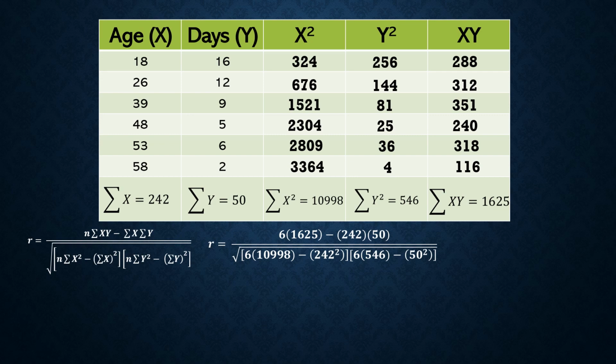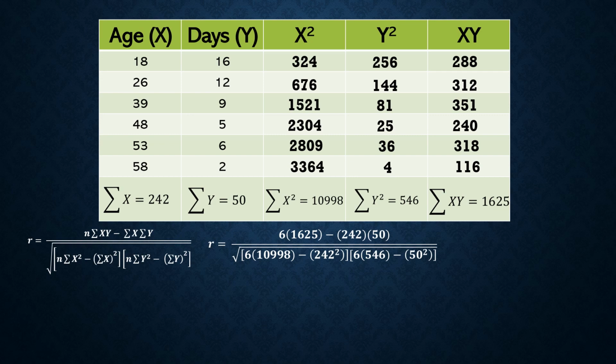Your summation of y squared is 546, minus 50, which is your summation of y, and then write squared. So we're already done with the substitution process.